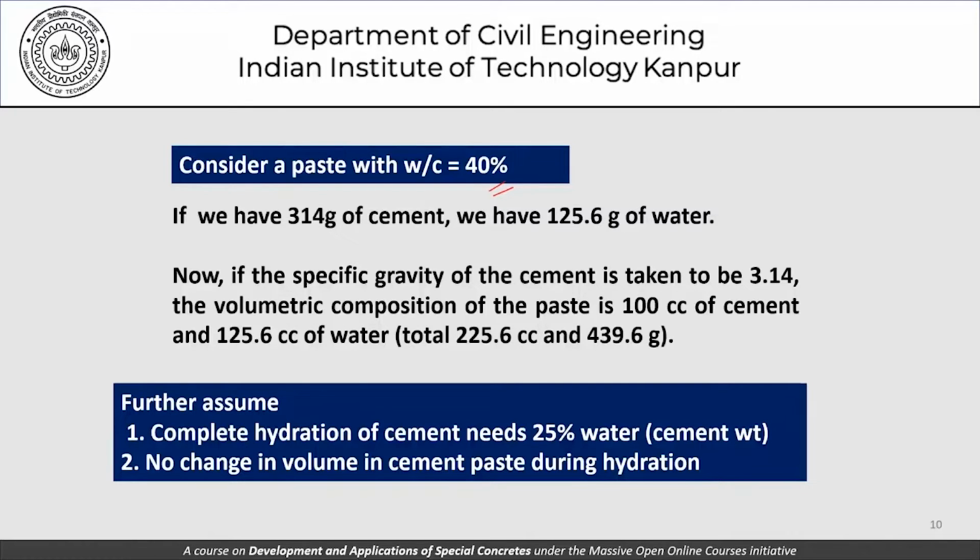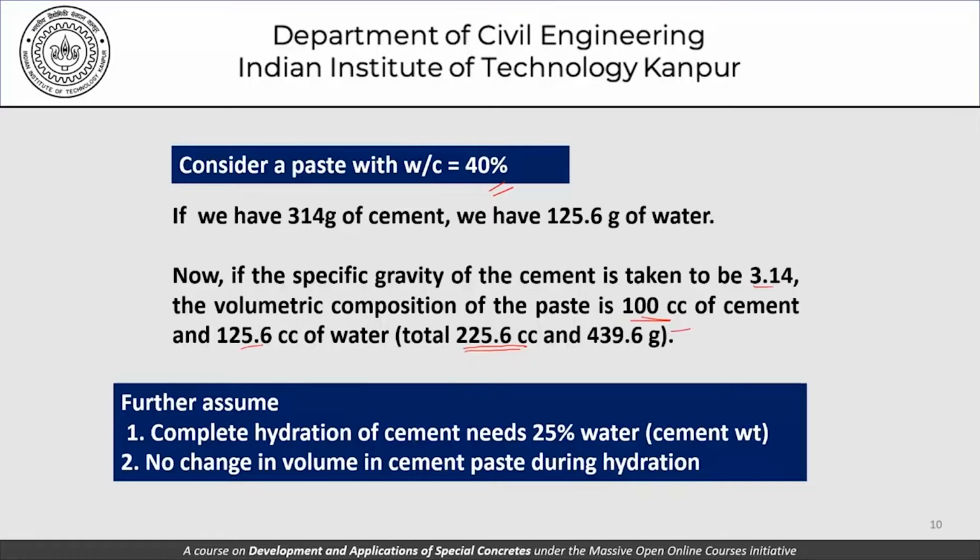Now, assuming that the specific gravity of cement is taken to be 3.14, this 314 grams turns out to be 100 cc of cement, and that 100 cc of cement and 125.6 cc of water gives us a total volume of the paste to begin with as 225.6 cc, and 439.6 grams.